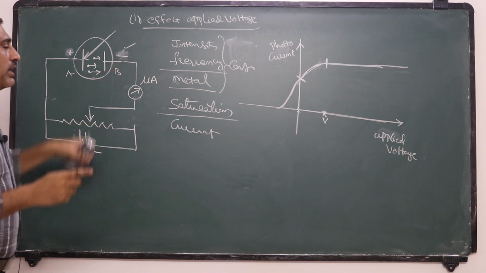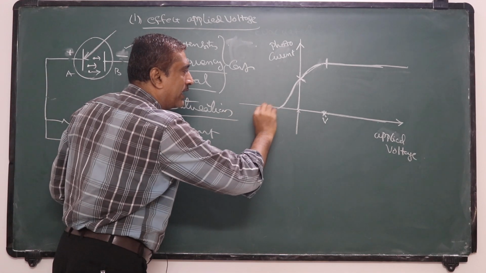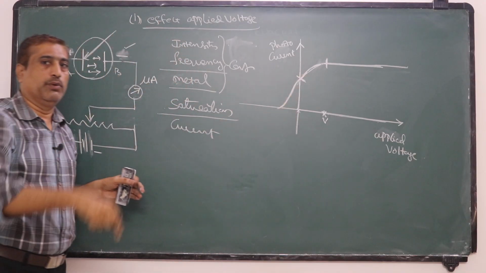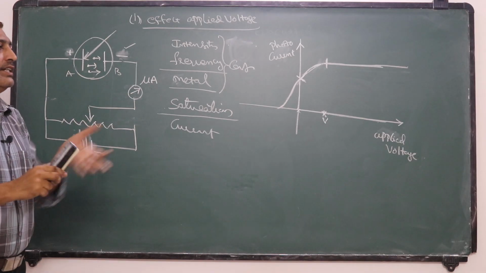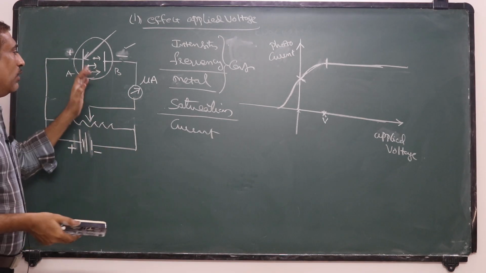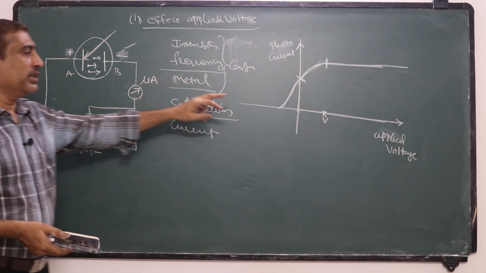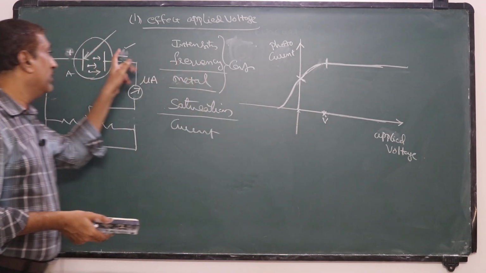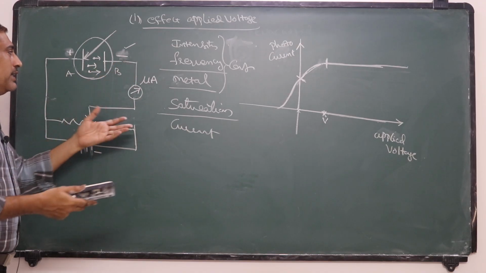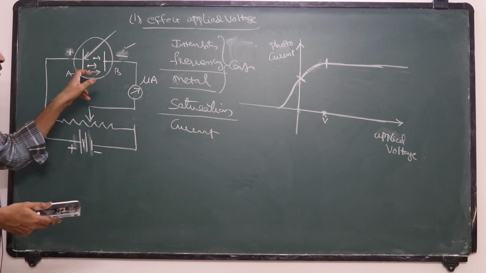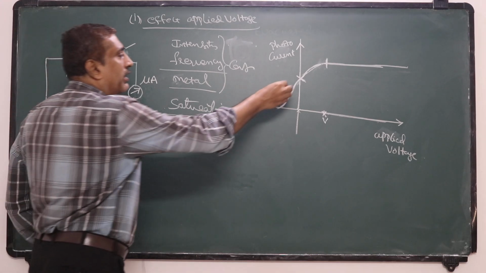That means the photocurrent has to decrease. But when we reverse the polarity, all of a sudden the current won't become zero, because some electrons have sufficient energy to overcome this repulsion and move from A to B. So they constitute current.